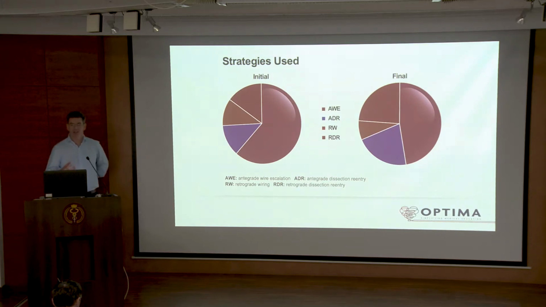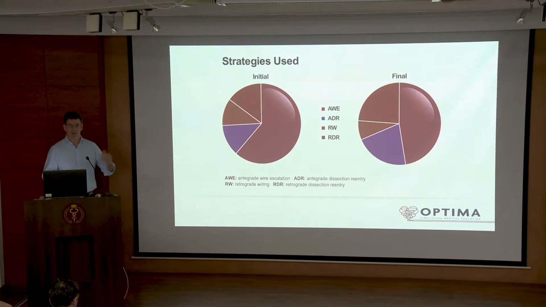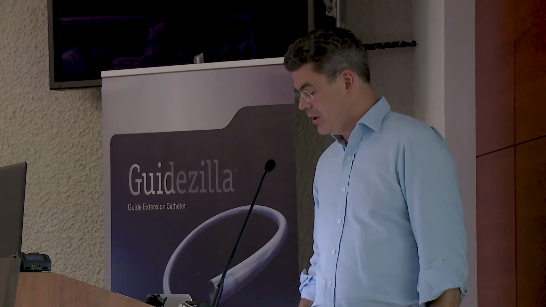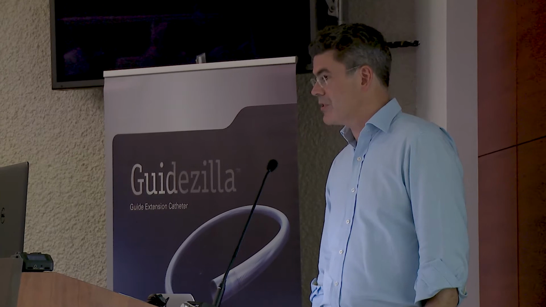And then when the concept of working in the subintimal space was introduced with Stingray, we began classifying both the antegrade and the retrograde approaches into antegrade wire escalation, retrograde wire escalation, antegrade dissection, so going into the subintimal space and then getting back in, and antegrade dissection re-entry, and similarly retrograde, which is, we were thinking about reverse CART.